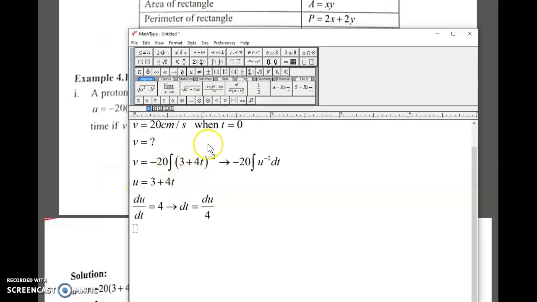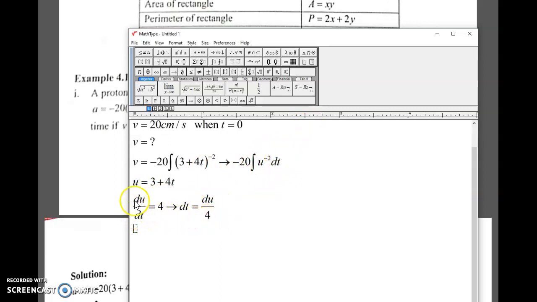Notice that to integrate it, we need to use substitution. This is defined as u, and when we differentiate u, we get 4, so at this point we need to change dt into du.